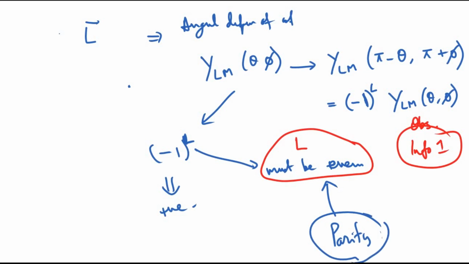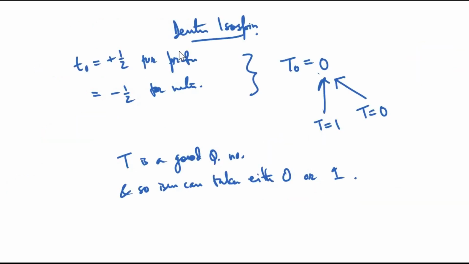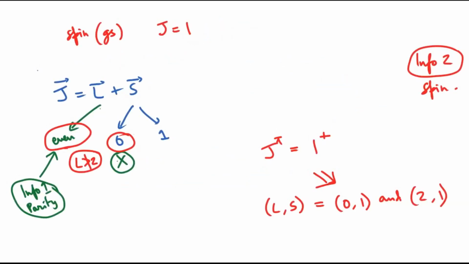Next we consider the spin of the Deuteron. After considering the spin, we get information about the LS possibilities. What can be the L and S for the ground state of the Deuteron?